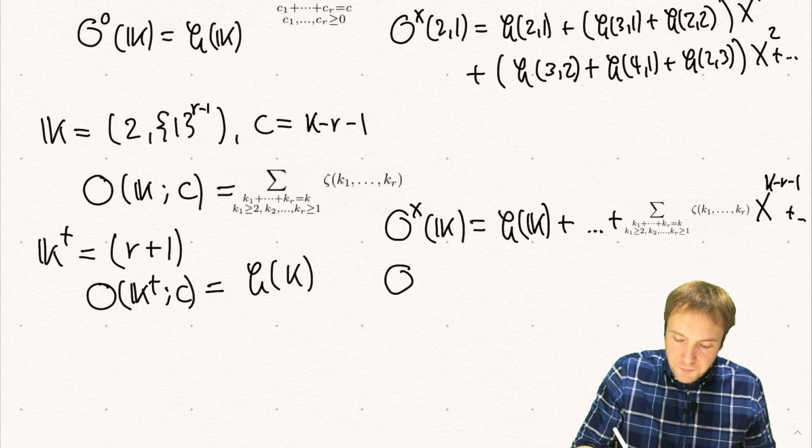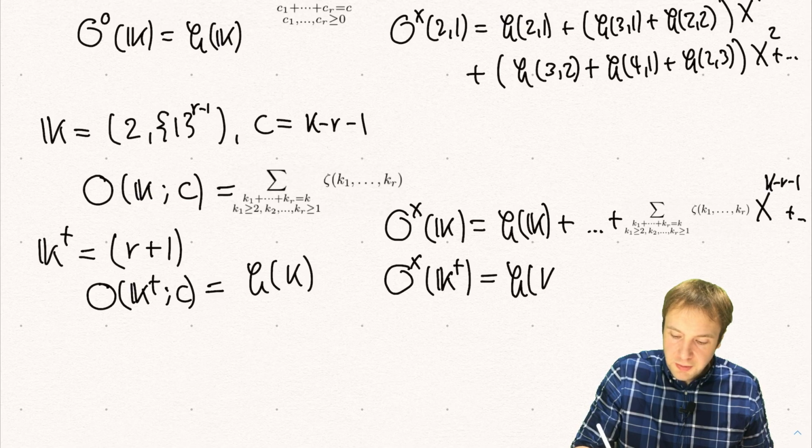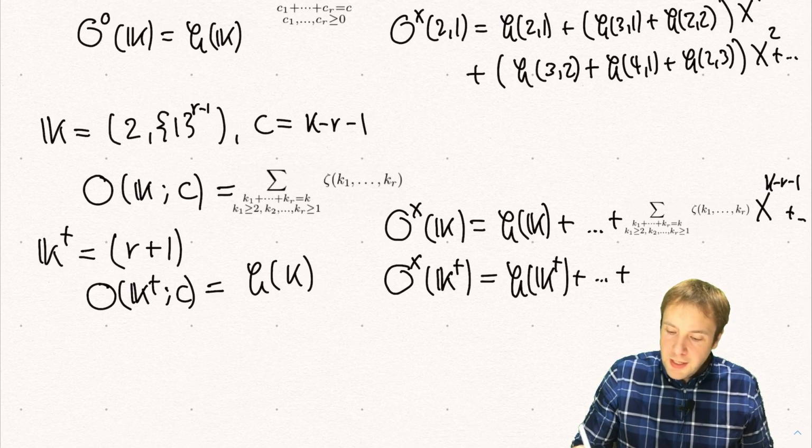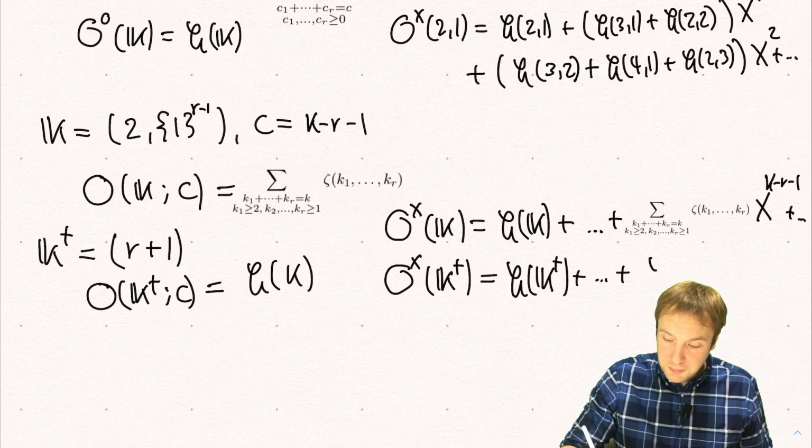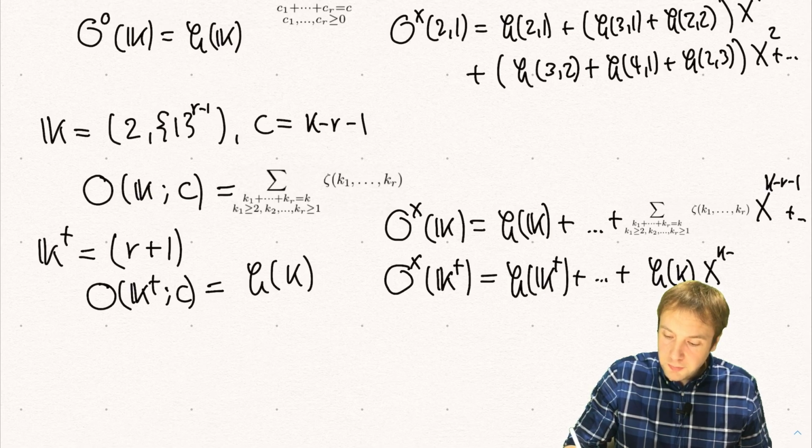And the Ohno sum of k dagger in this case, the constant term would be zeta k dagger plus, and then the coefficient of x to the k minus r minus 1 in this case is zeta k, x to the k minus r minus 1 plus other coefficients.